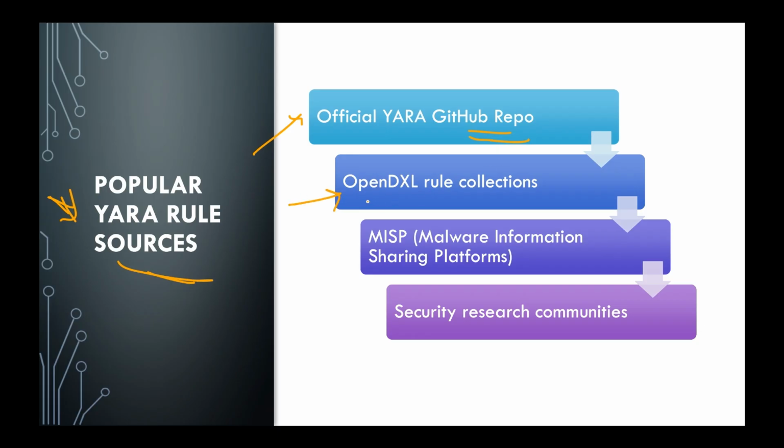Then we have OpenDXL rule collection. So this provides an extensive collection of YARA rules for detecting various type of malware. Then also we have MISP, the malware information sharing platform. So this is community driven platform often share YARA rules to help detect IOCs associated with specific malware campaigns.